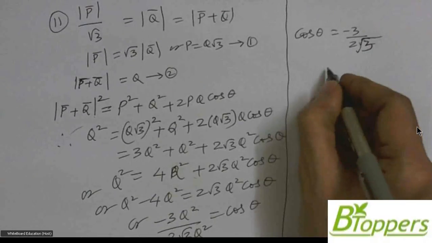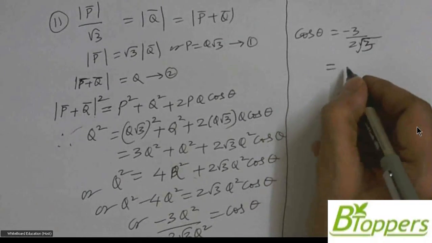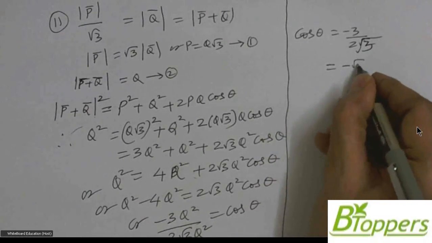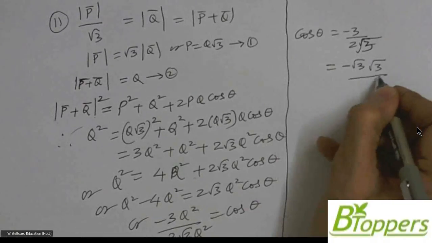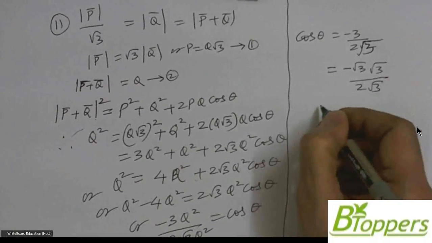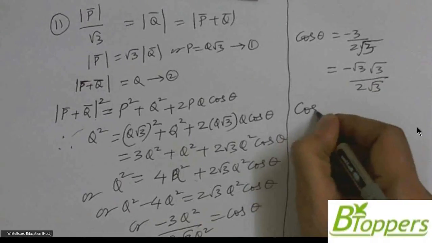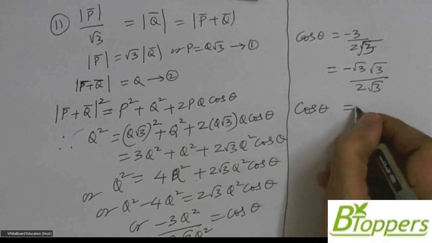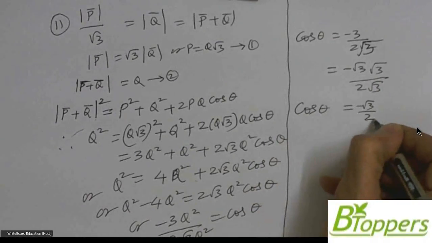The 3 you can write as root 3 into root 3. So you get cos theta equal to minus root 3 by 2.